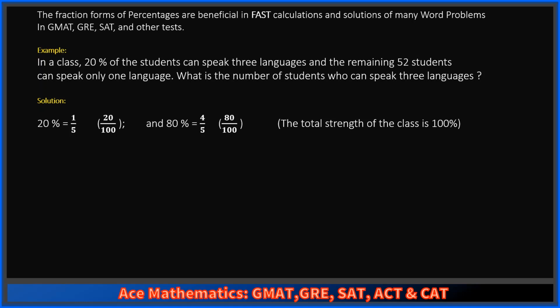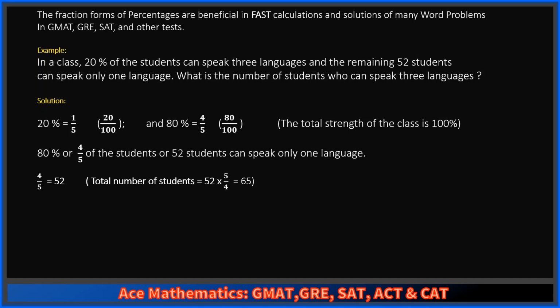Since the total strength of the class is 100%, 80%, or 4/5 of the students, is equal to 52 students who can speak only 1 language. 4/5 are equal to 52. The total number of students is equal to 52 multiplied by 5 upon 4, which is equal to 65.